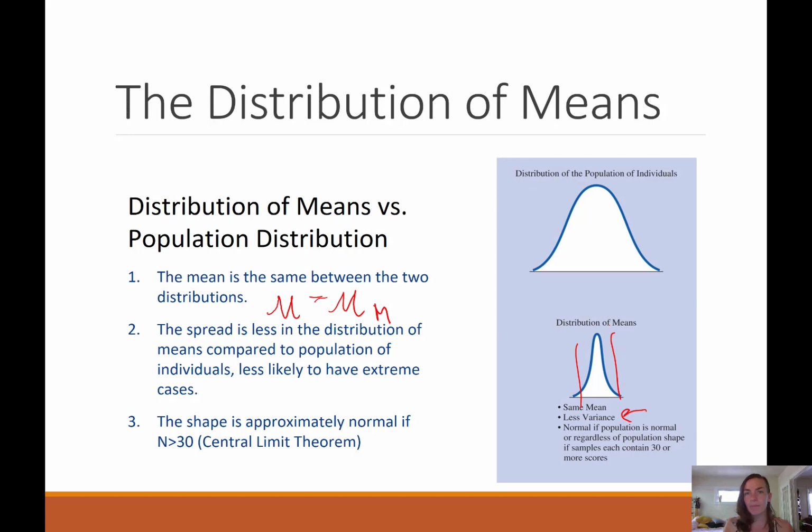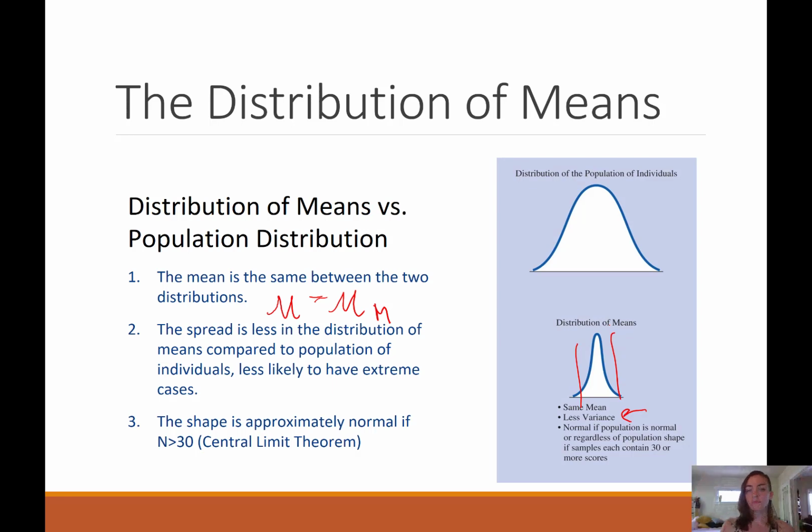I'm saving the mean, one representative value for each sample. I'm getting rid of those extreme values. I'm kind of weeding out and cleaning up all those extreme values and only hanging on to sample means. So then when I create a distribution of those sample means, it's not going to have as wide of a spread or as much variability as the original scores.